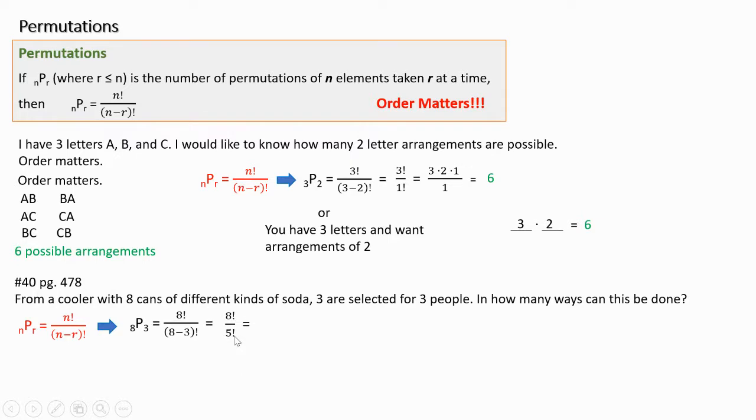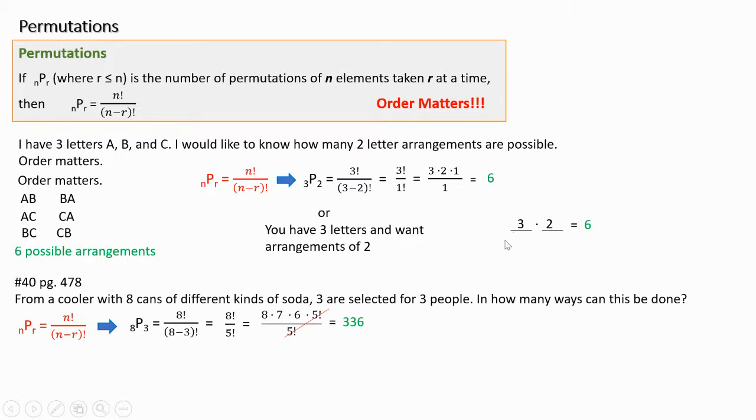It's 8 factorial over 5 factorial. You see here I stopped, like I told you earlier. When it was 6 factorial divided by 4 factorial, I did it the long way, but here we stopped at 5 factorial because they're going to cancel right here. That cancels to 1. So we're left with 8 times 7 times 6, which gives us 336.